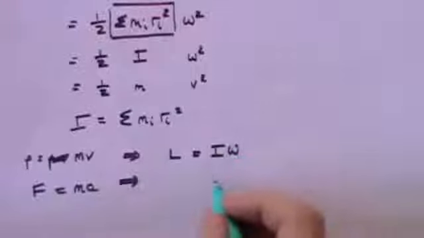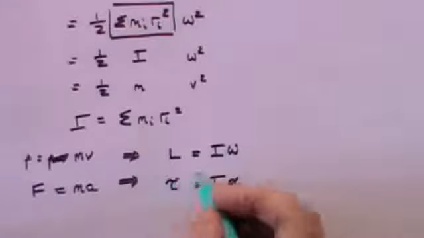Then finally we wanted to know if there was a rotational equivalent to F equals ma. Well, again, the mass has the equivalence of the moment of inertia. Acceleration has the equivalence of angular acceleration.